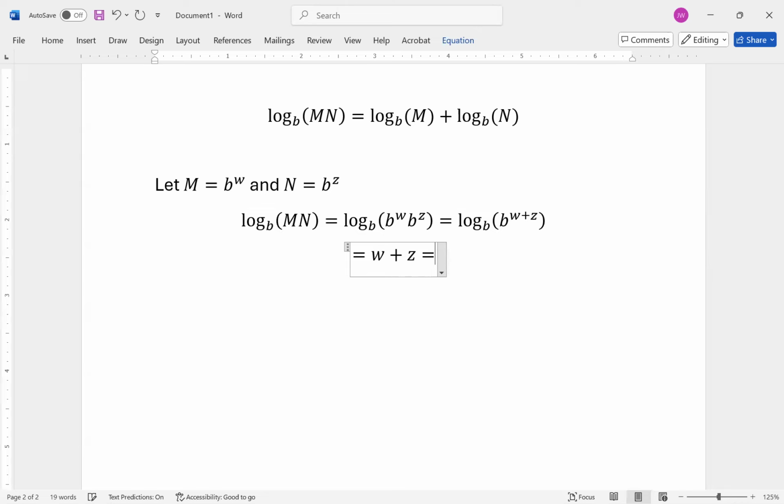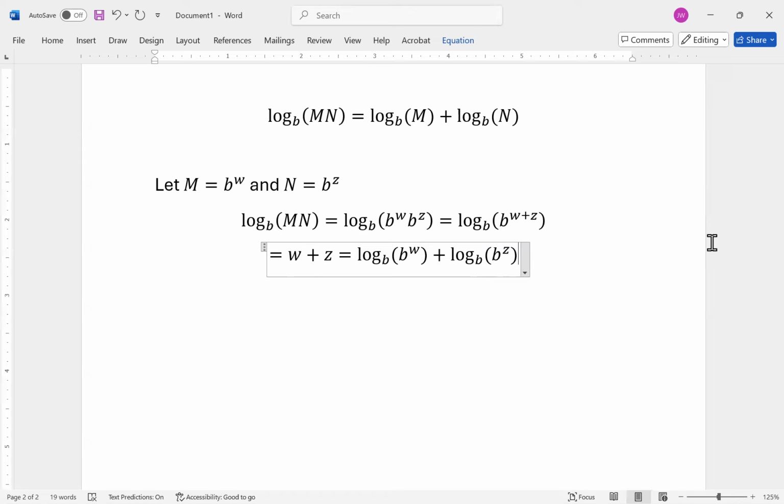But we also know that w is log base b of b to the w power because of the exponent and log inverse property, plus z is log base b of b to the z power using that property.